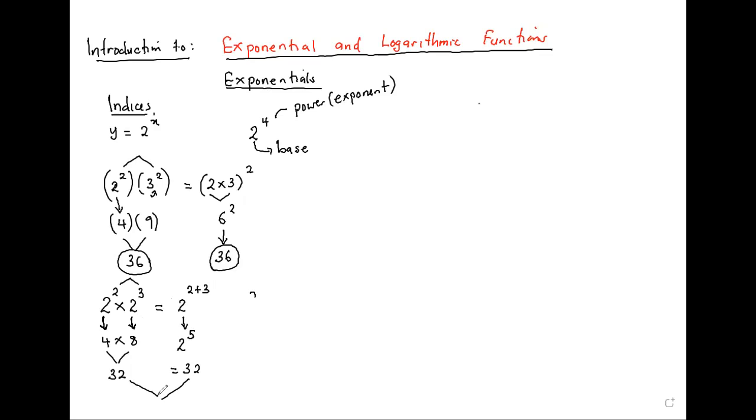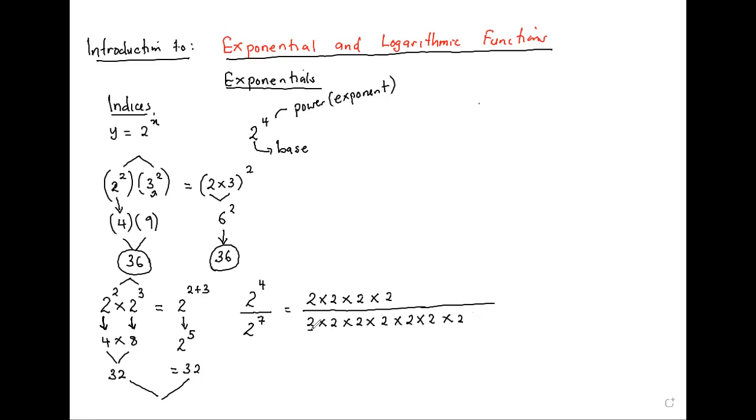If we have 2 to the power, let's say 4 here, and then divide by the same 2, maybe to the power 7. Well, this is like 2 multiplied by 2 multiplied by 2 multiplied by 2. That's what the power means. This is 2 multiplied by 2 multiplied by 2 multiplied by 2 multiplied by 2 multiplied by 2 multiplied by 2.